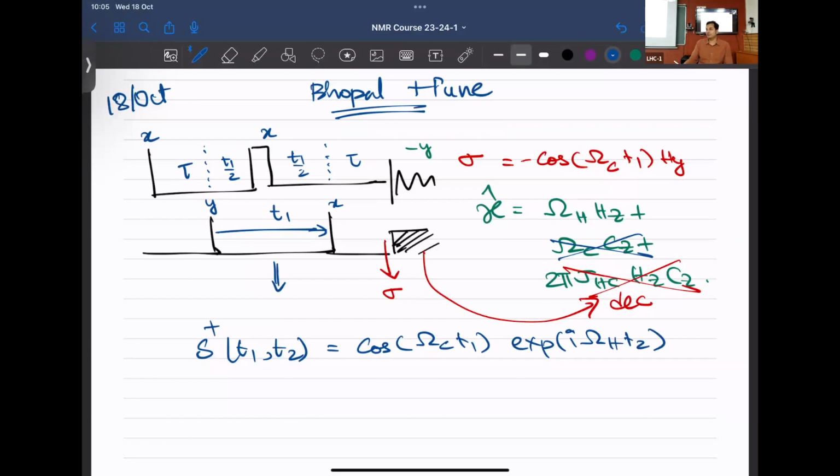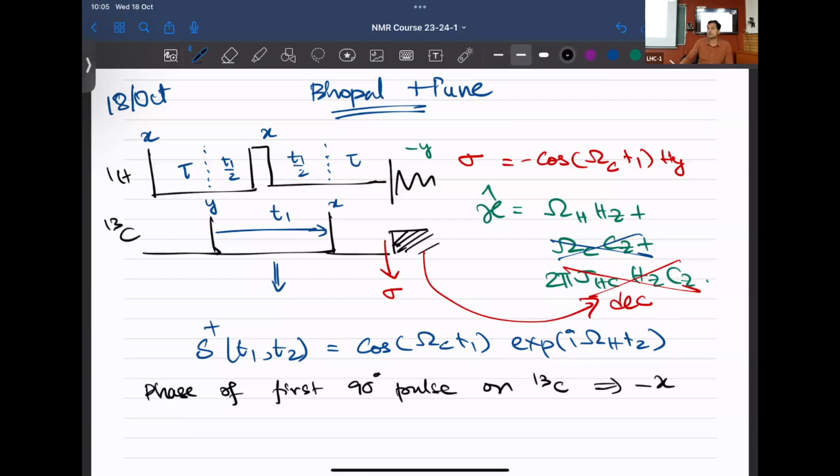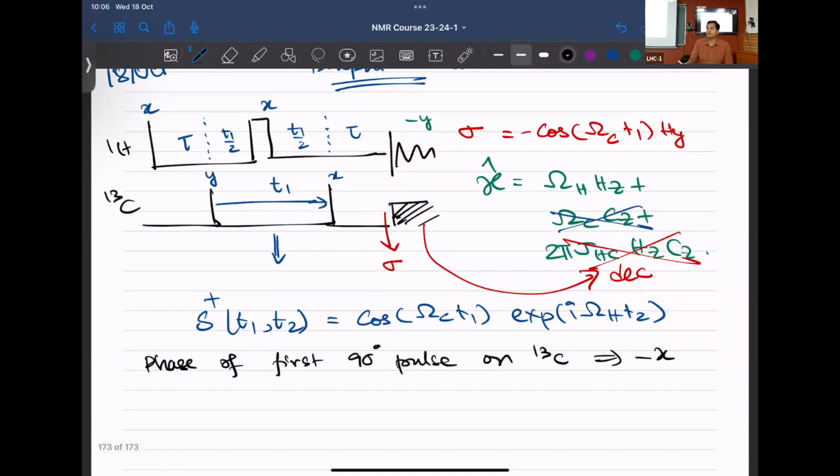And I also requested you guys to change the phase of the first 90-degree pulse on carbon to, I think I said, minus X. And did you guys solve that? What did you get?